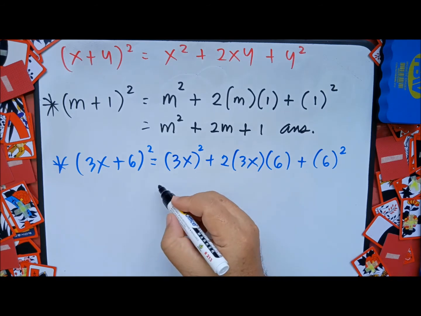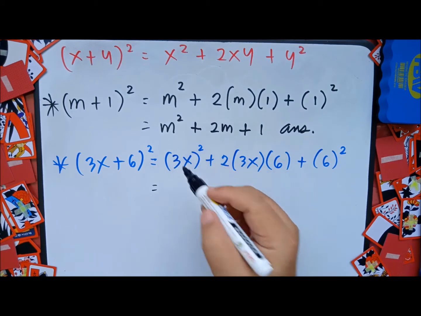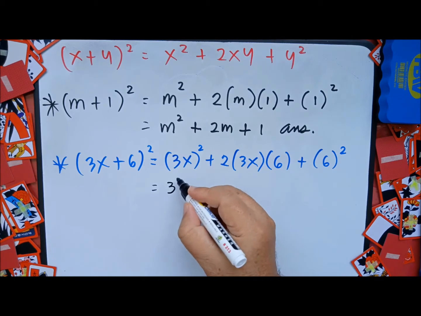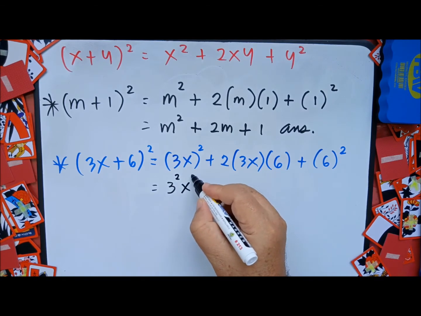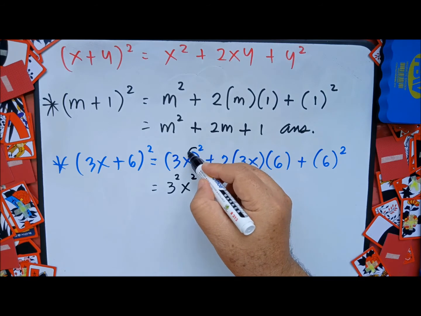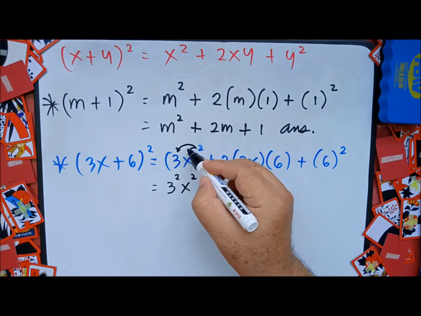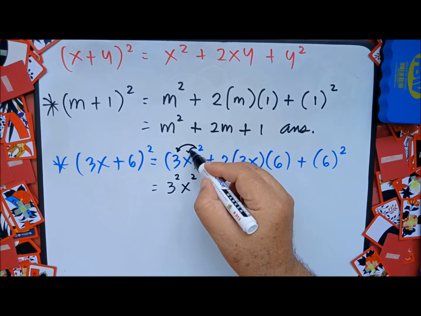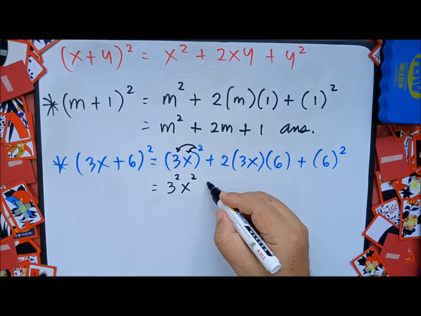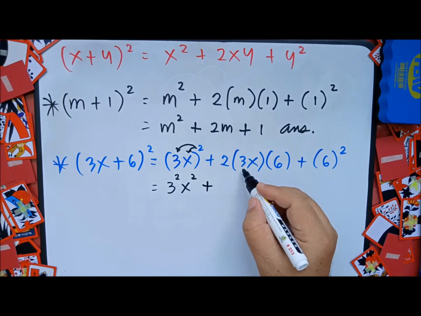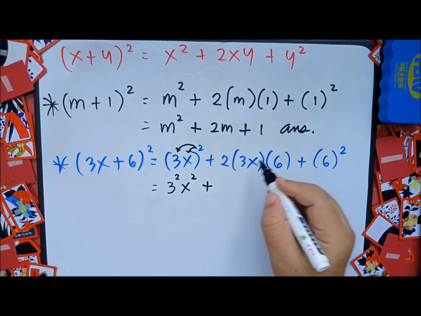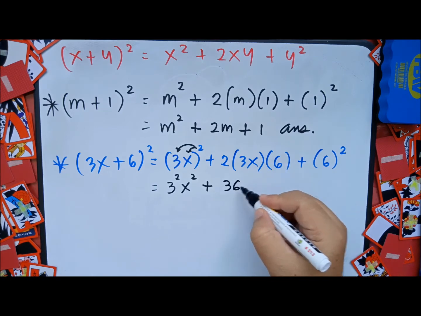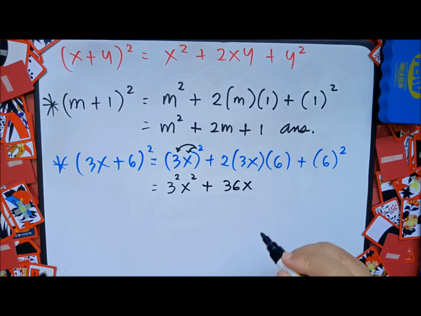Now, distribute the exponent. This will become 3 squared x squared. Plus 2 times 3 is 6, 6 times 6 is 36. x will remain as is.